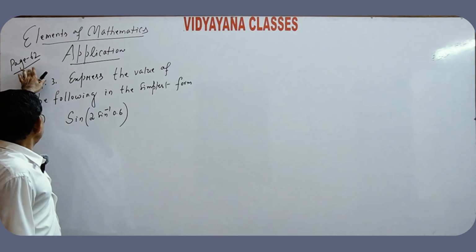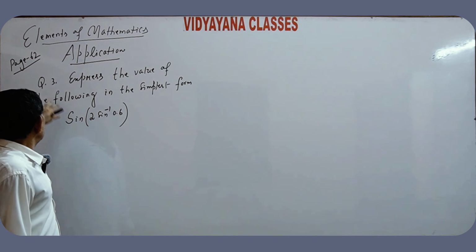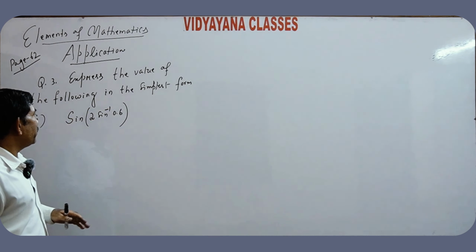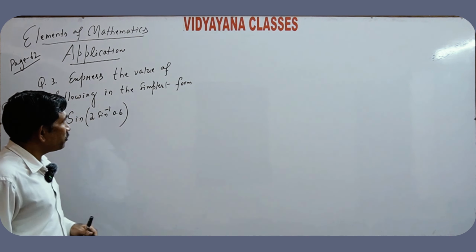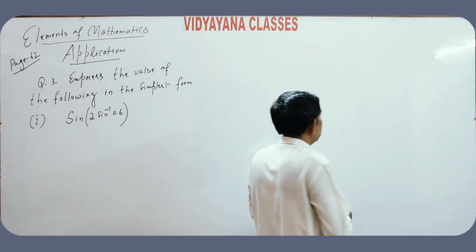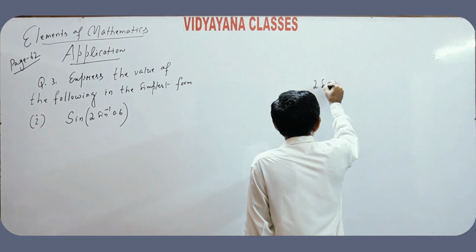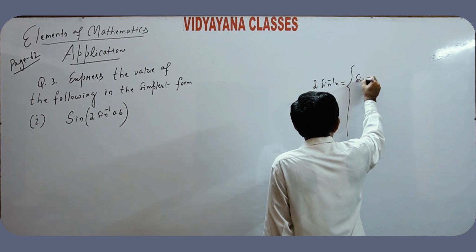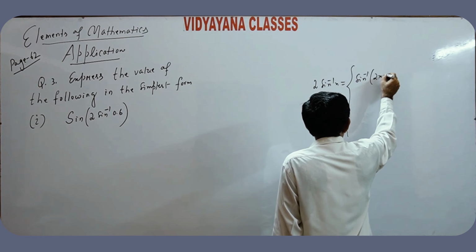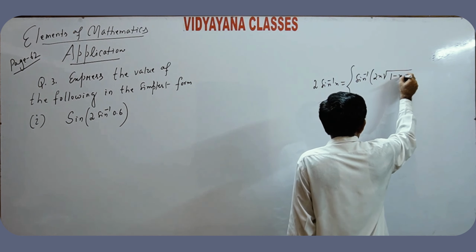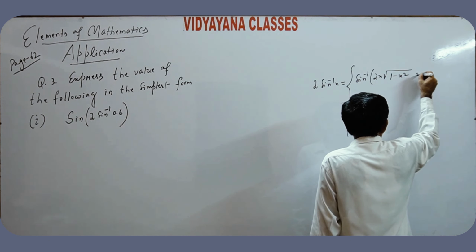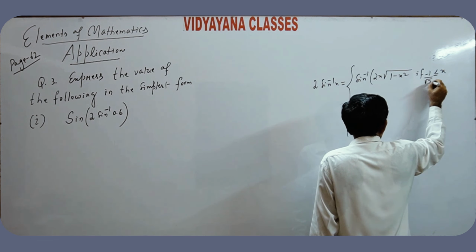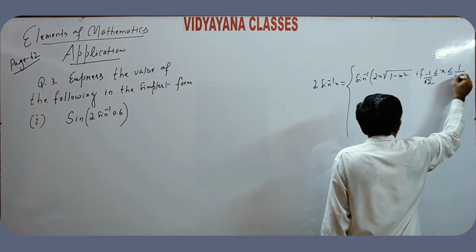Elements of Mathematics, page number 62, question number 3. Express the value of the following in the simplest form. In property number 11, we have discussed: 2 sine inverse of x is equal to sine inverse of 2x into root over of 1 minus x square, if x is greater than or equal to minus 1 by root 2 and less than or equal to 1 by root 2.